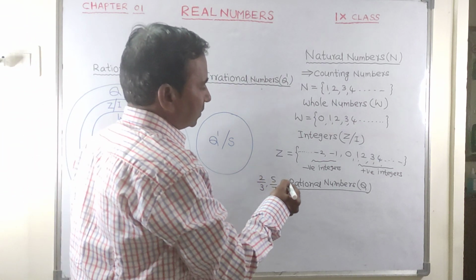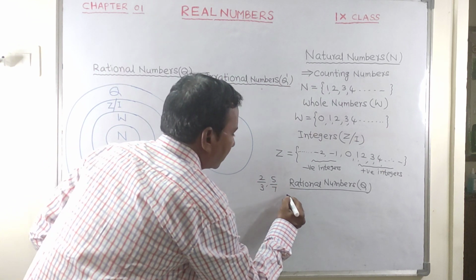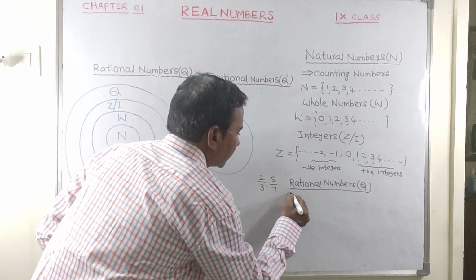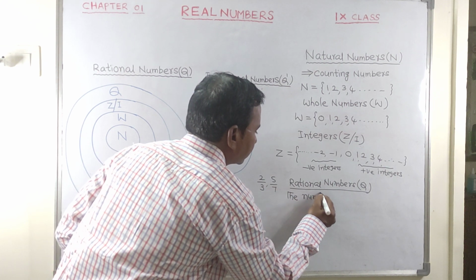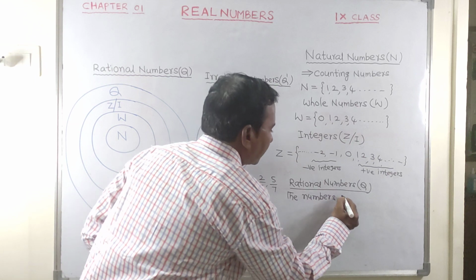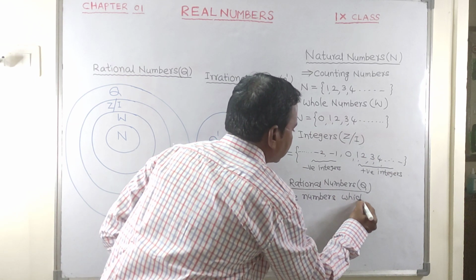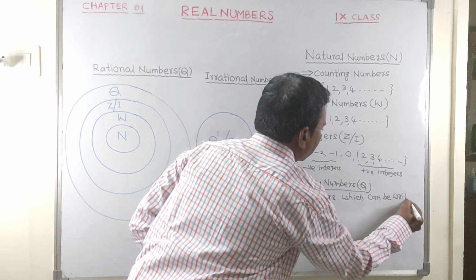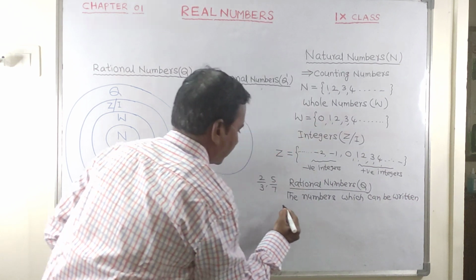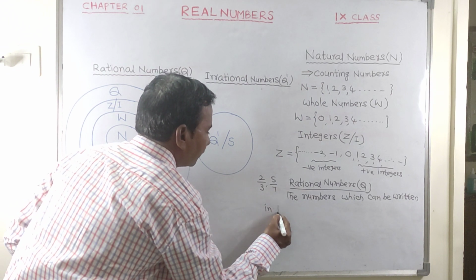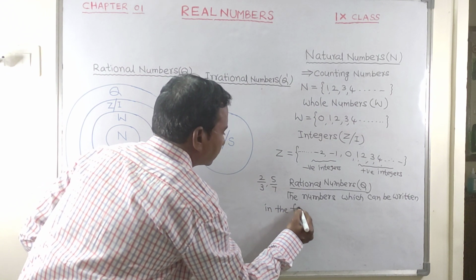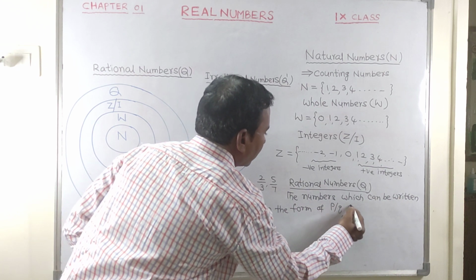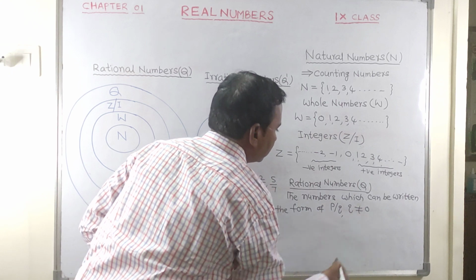If you take the definition, you will write it like this: the numbers which can be written in the form of P by Q, where Q is not equal to 0.